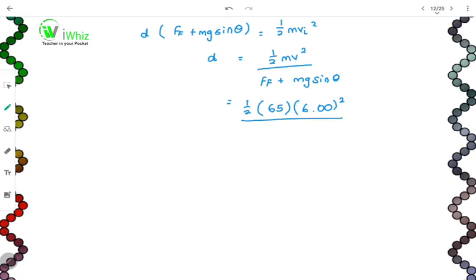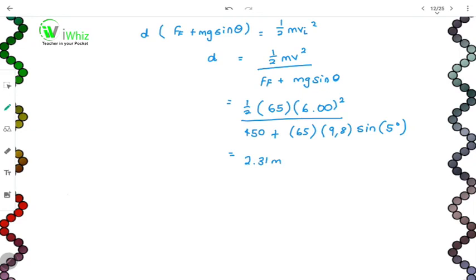All over, what was the force of friction? They said that it remained the same at 450. Plus, mass again, 65. What is gravity? 9,8. And then I have sine, and they said it was at 5 degrees. When I put all of that into my calculator and I round off my answer, I get 2,31 meters.